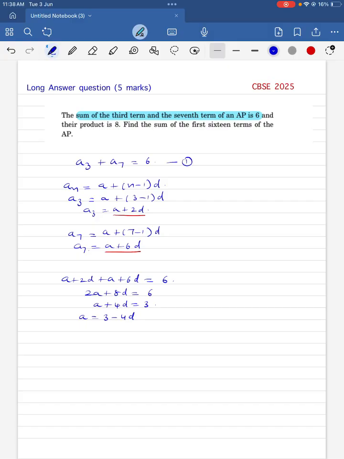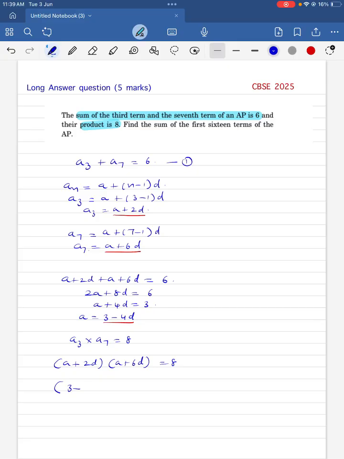Now let's look at the second part. What they've mentioned is that the product of the third and the seventh term is equal to 8. So that is A3 times A7 is equal to 8. That is (a plus 2d) times (a plus 6d) is equal to 8. And instead of a, let me plug in this value 3 minus 4d.